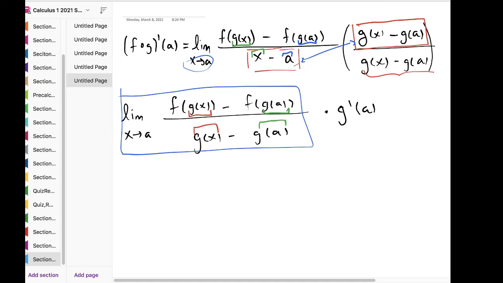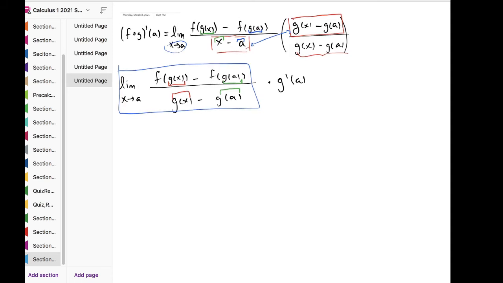Okay, so we're going to do something that's often used, and we'll use a lot later: we're going to change variables. We're going to let g of x equal u.